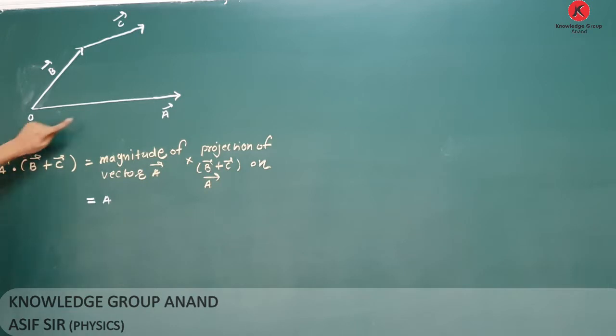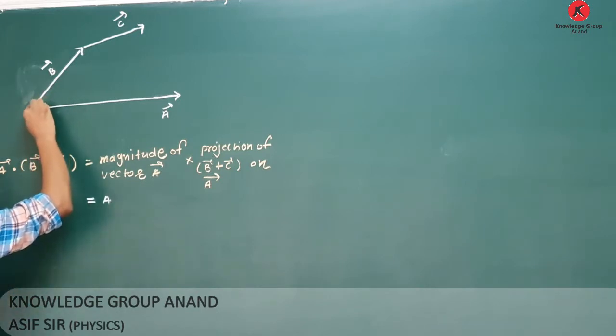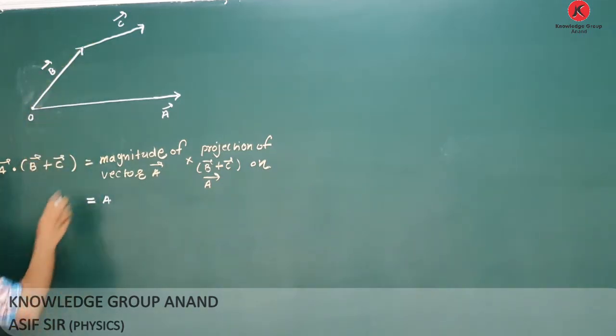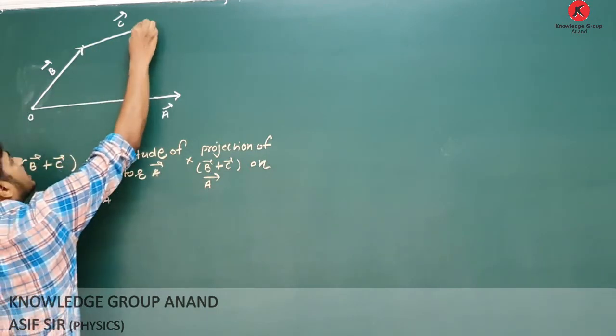See, you are given three vectors: vector A, vector B, and vector C. Where is vector B plus C? See, here it is. Vector B, its tail and its head, then vector C, its tail and its head.